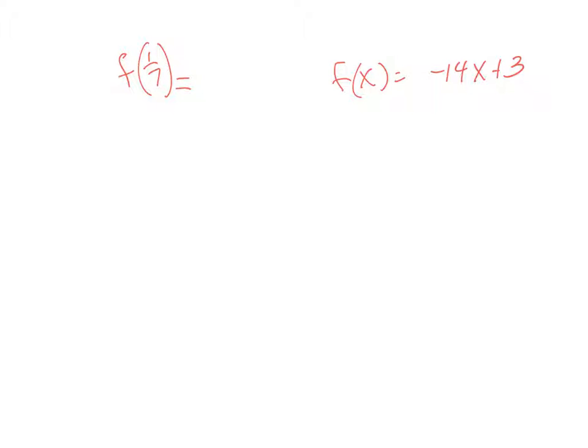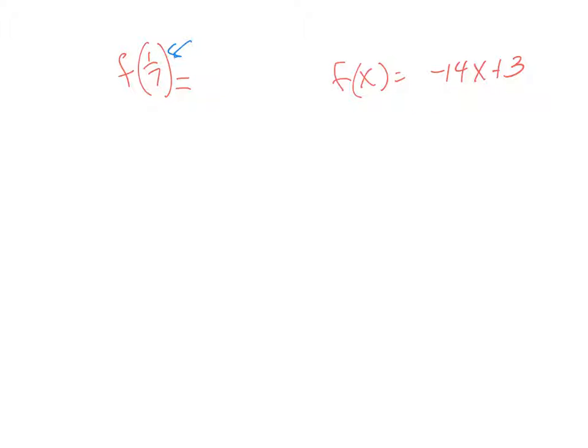And this one's kind of written funny. It says evaluate f of 1/7 equals -14x plus 3. And I don't like the way they wrote that. I like to write it as f of 1/7 equals what when the function f of x is -14x plus 3. Well, here they want you to plug in this for x.